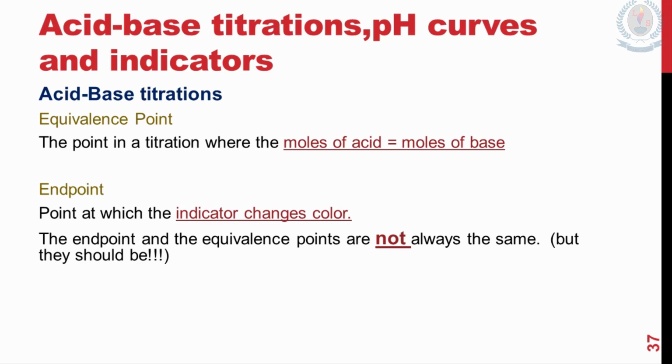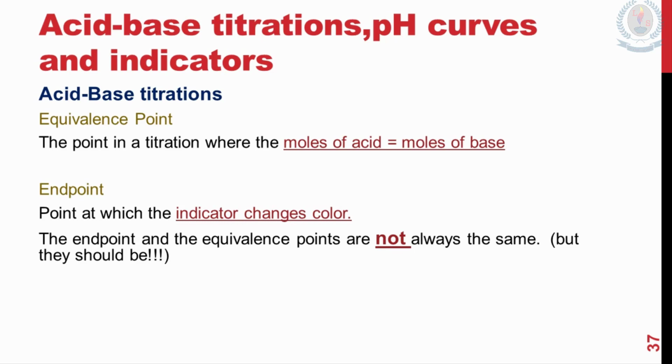First tell me, have you done any titrations before in an AS class or O level class? Okay. So the equivalence point is the point in a titration where the moles of acid is equal to the moles of base. Try to understand these definitions very clearly, otherwise you will confuse equivalence point and end point.